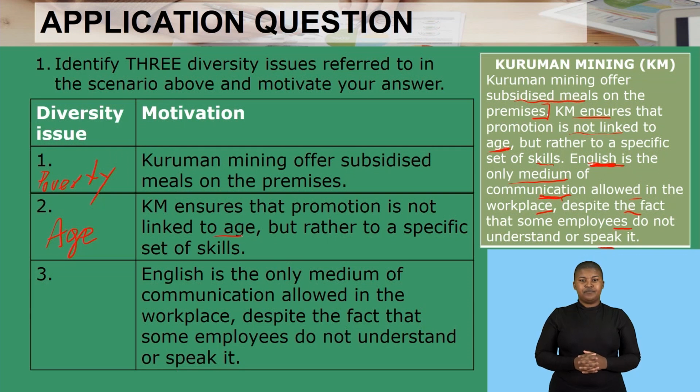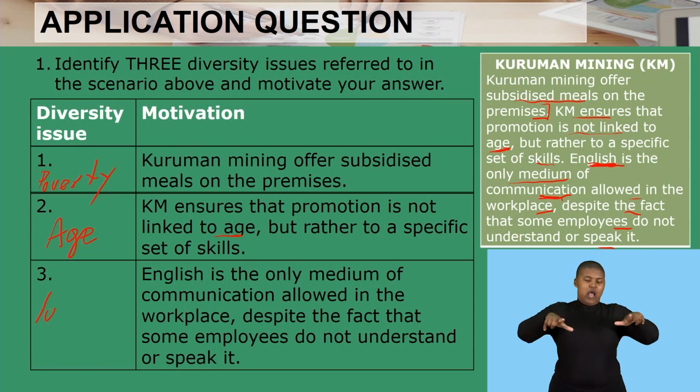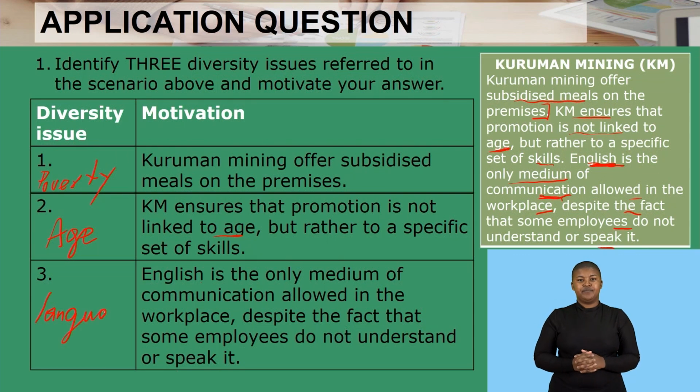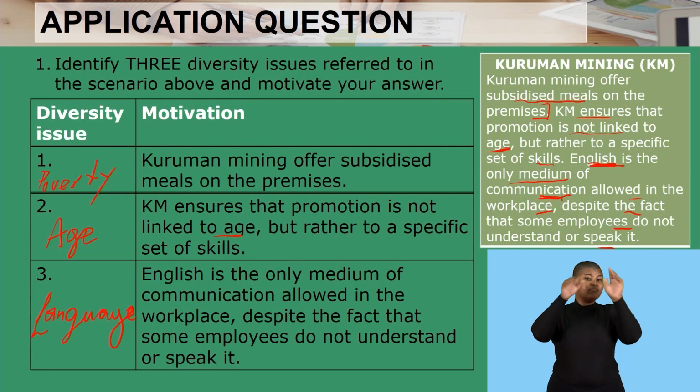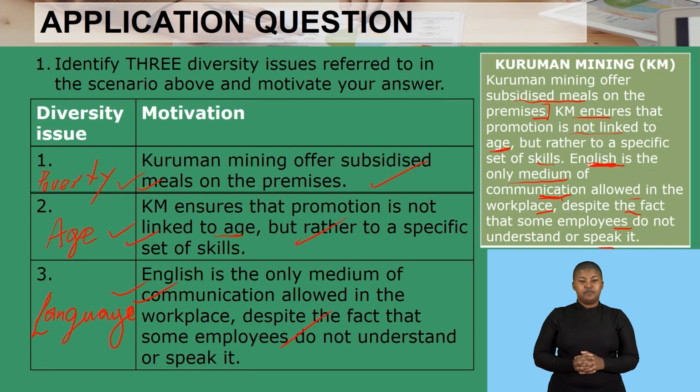The hint is there: promotion is not linked to age. And then English as the only medium of communication. Obviously, this becomes language. Language is your answer over there. So those are your 3 diversity issues, and this is how you would be getting your marks.